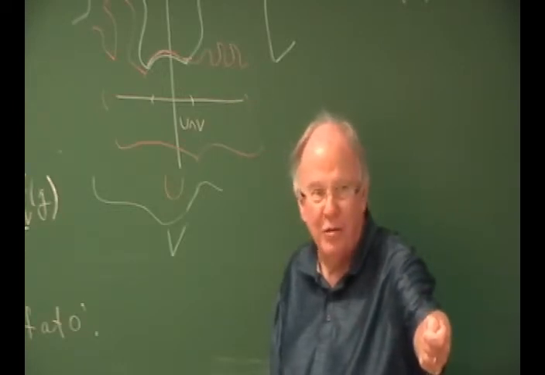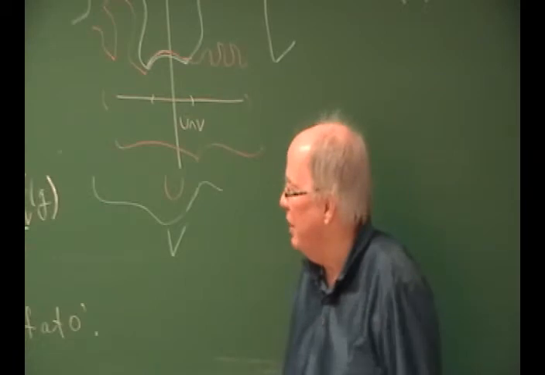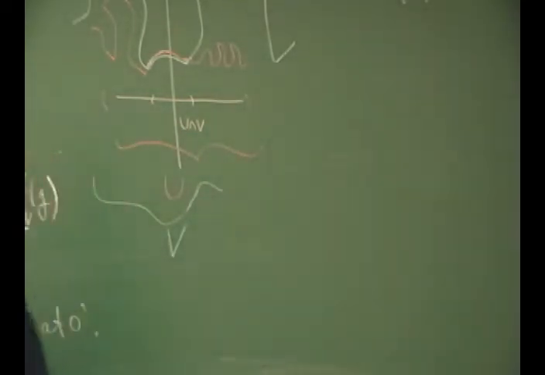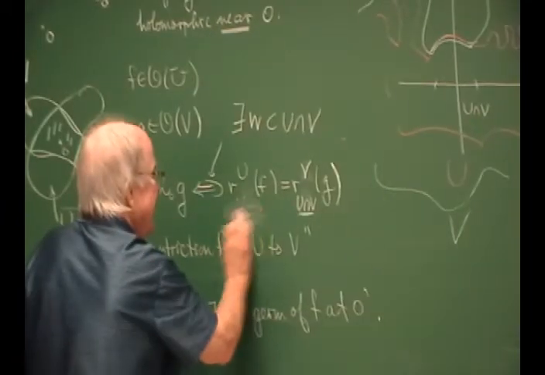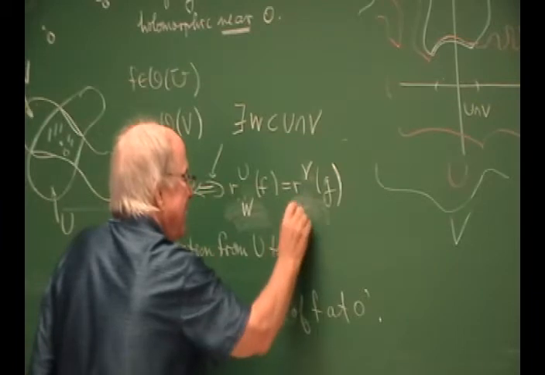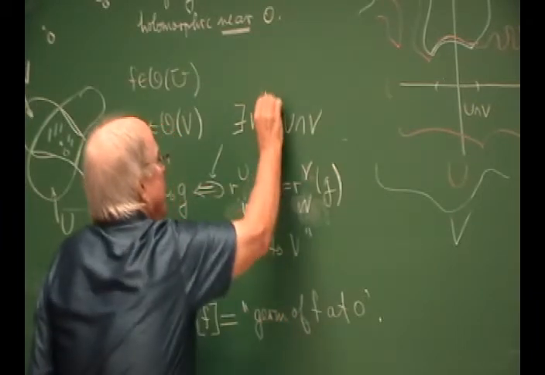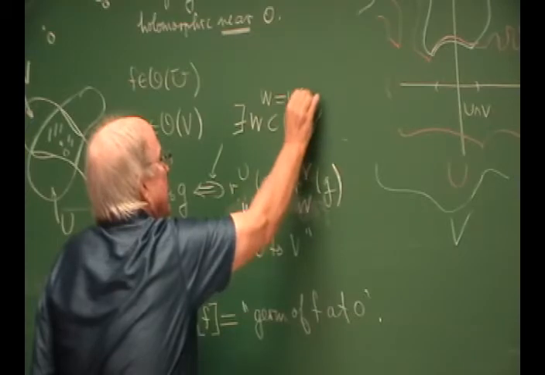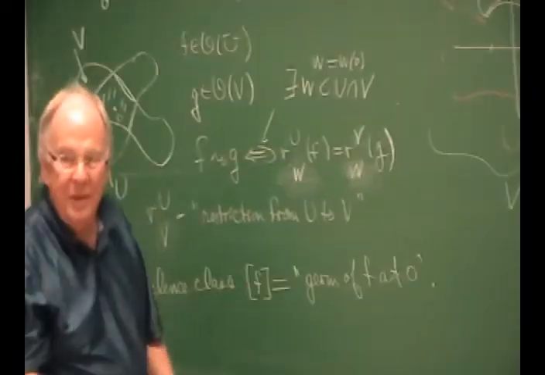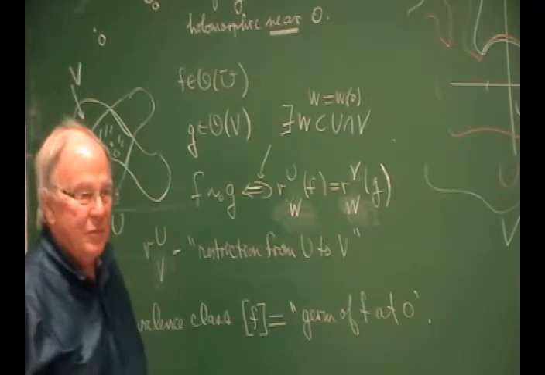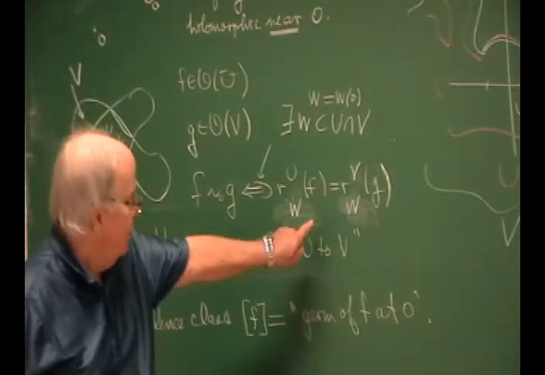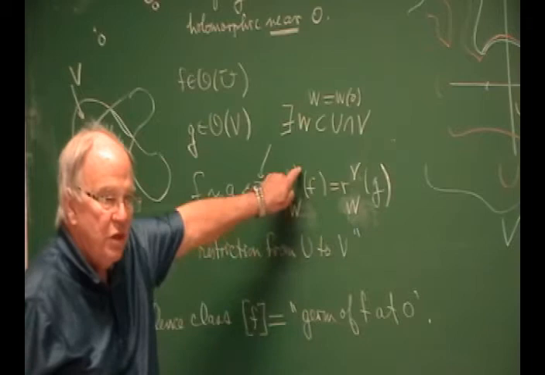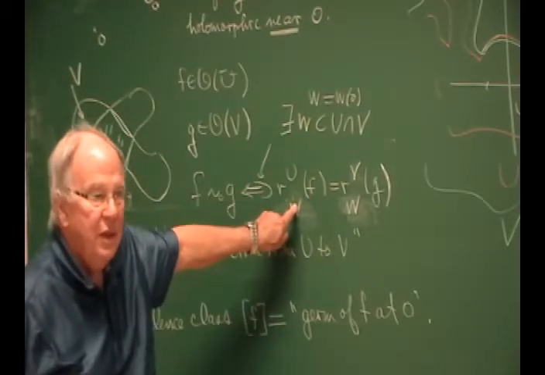I was trying to make a shorthand notation here, and I think it's much better if we define it the following way. They're equivalent if and only if there exists W in U intersect V, and W, of course, is a neighborhood of 0, such that the restrictions agree. The restriction from some W, I don't care which it is.